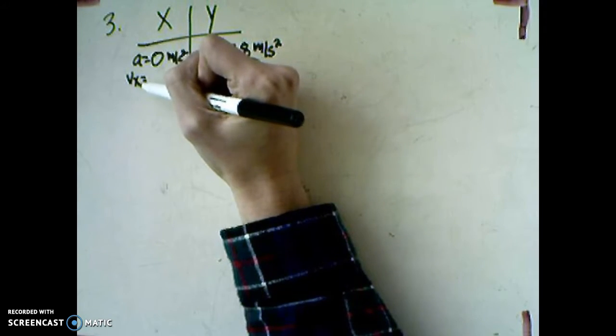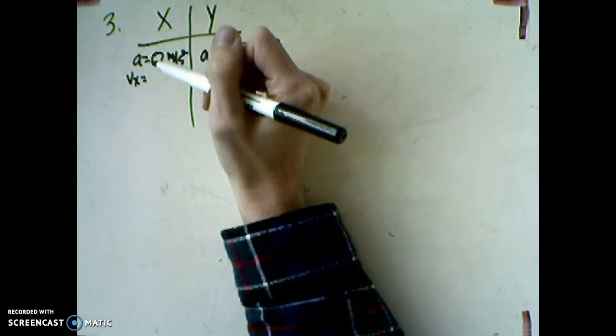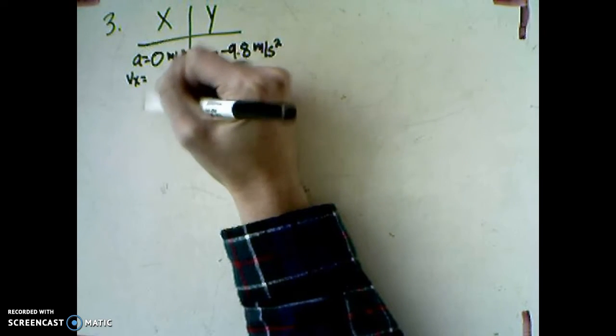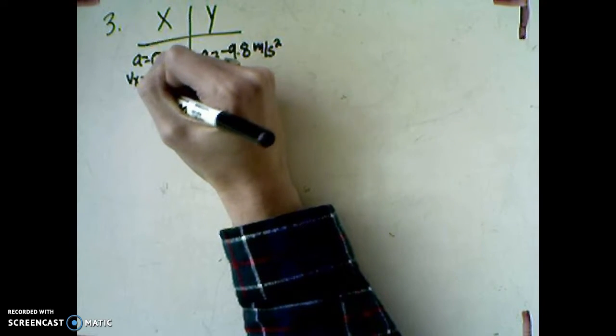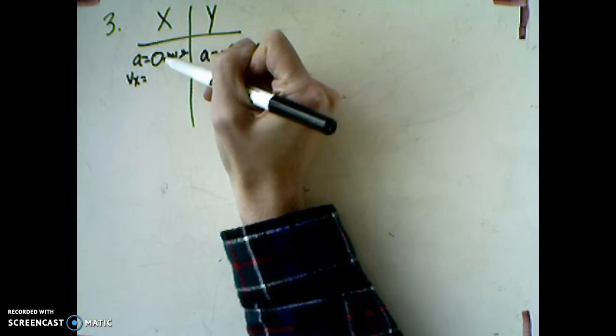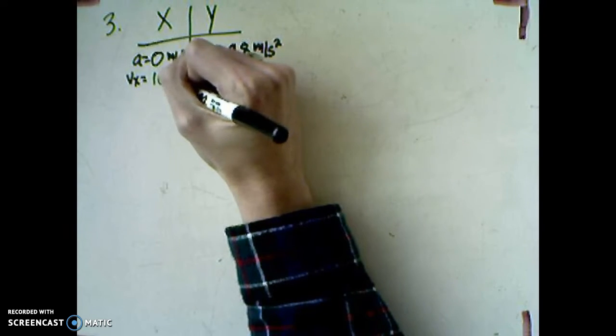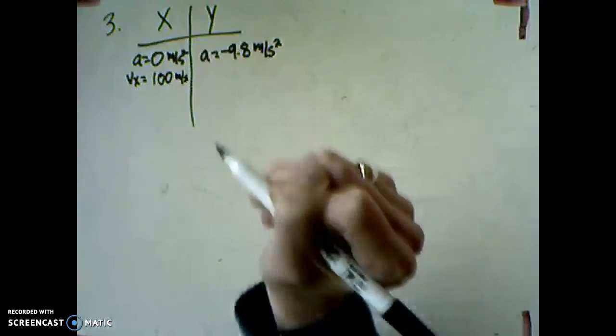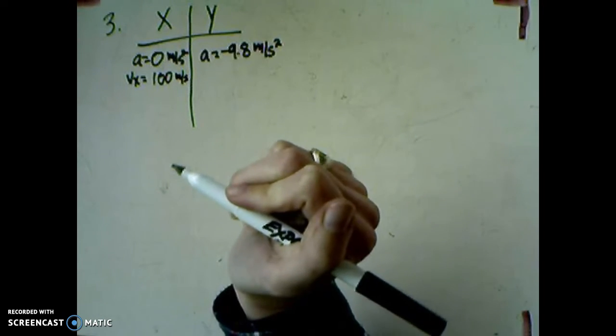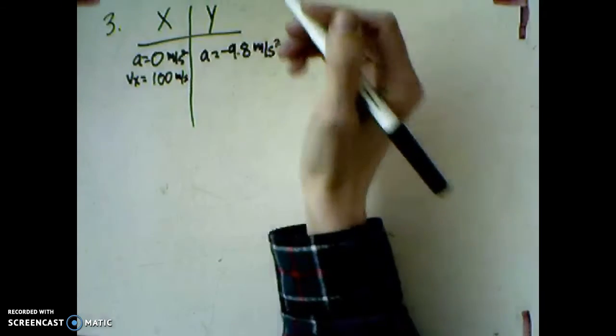If you choose to write Vi equals Vf equals Vx, or list them as two separate things with the same number, that is completely fine. I'm just going to list it as Vx, because this 0 tells me I only have one value. It's not going to change. My final and my initial are going to be the same, and I know that's 100 meters per second.